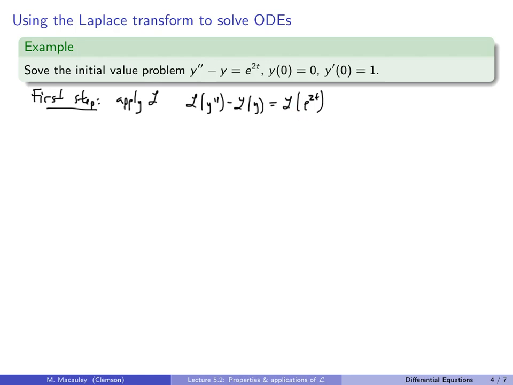So now we use our formula for the Laplace transform of the second derivative to simplify this. The Laplace transform of the second derivative is just s squared Y minus s times y of 0 minus y prime of 0.